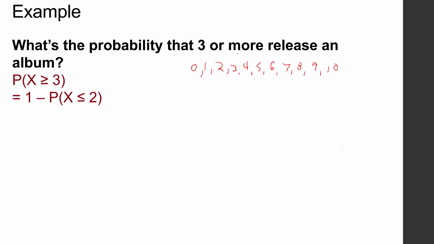So all of these probabilities added up would be equal to 1, because that's everything in the possible sample space. So if we want the probability of being 3 or bigger, the complement of that is 2 or less. So we can just use 1 minus the probability of being less than or equal to 2. All right, so remember that little trick because we'll be using it again.